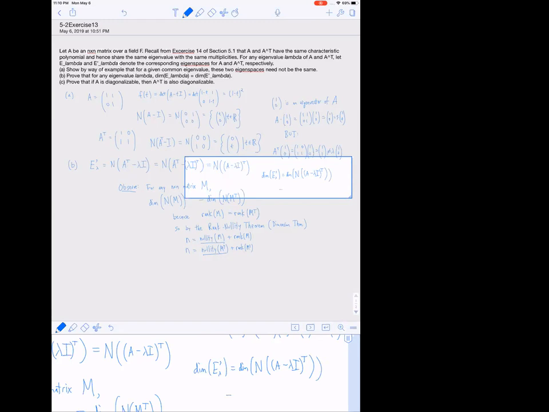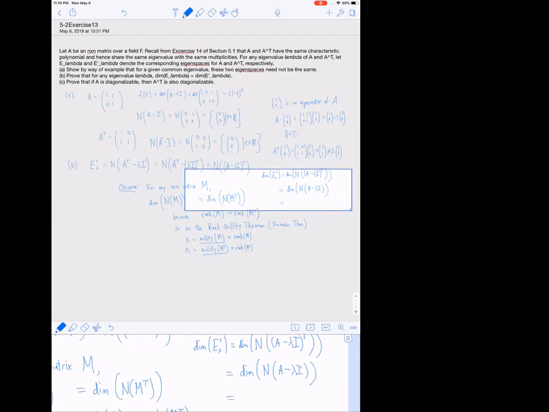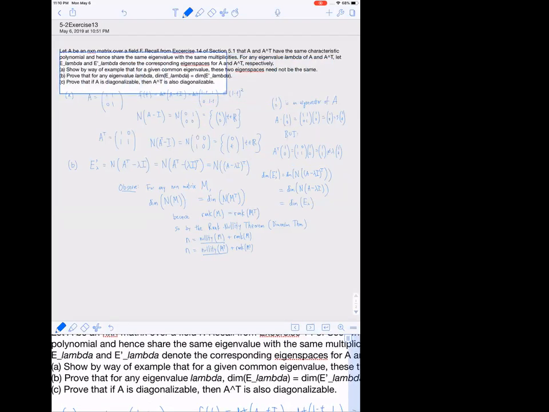And by our previous discussion, this is the same as the dimension of the null space of this matrix without that transpose. But then we can recognize that this, of course, is just the dimension of E sub lambda, the eigenspace of A with respect to that eigenvalue lambda. So that proves part B, that the dimensions of the eigenspaces are the same, even though the eigenspaces are not necessarily the same, as we showed in part A.